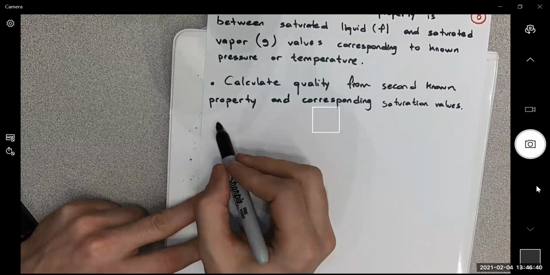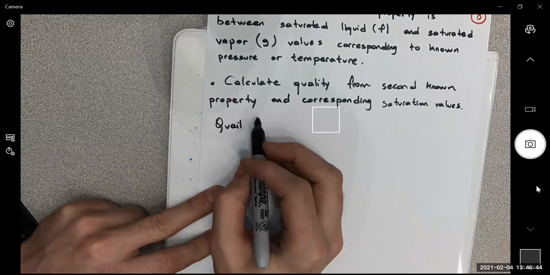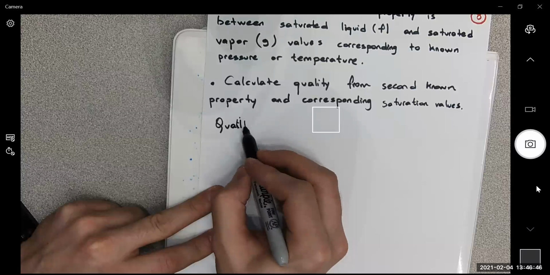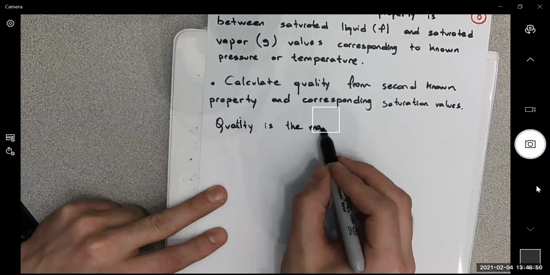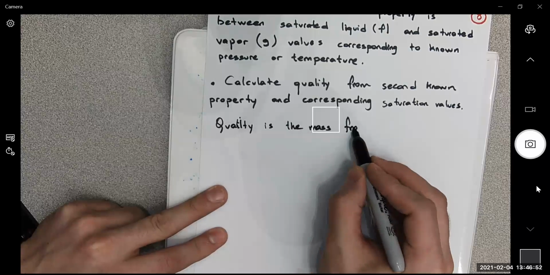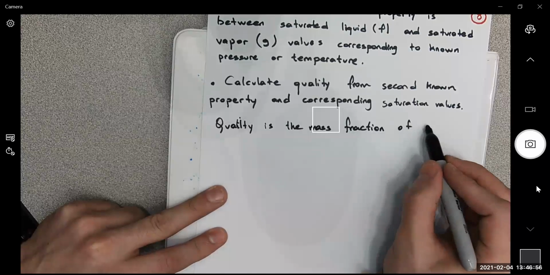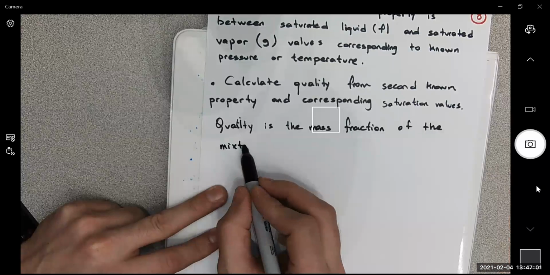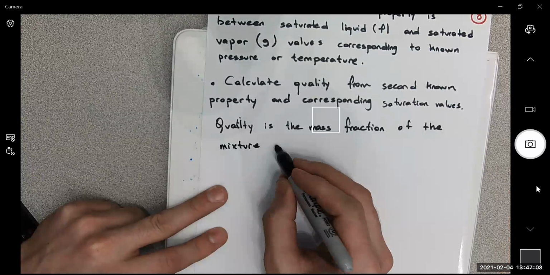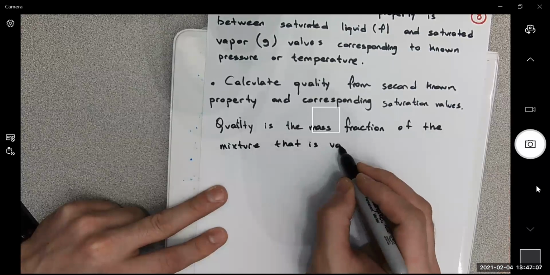What is quality? Quality is the mass fraction of the mixture that is vapor.